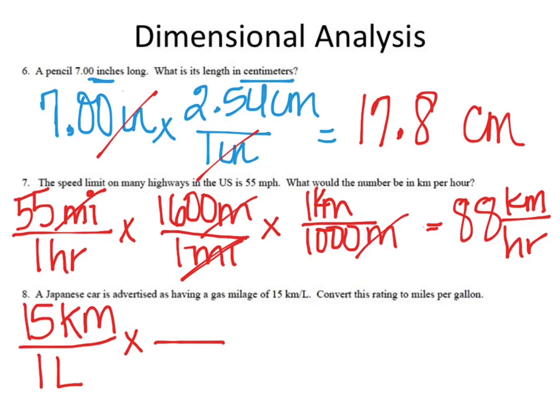First of all, how many miles per kilometer? 1 mile per 1.6 kilometers. We are in miles per liter, and we need to get to gallons.